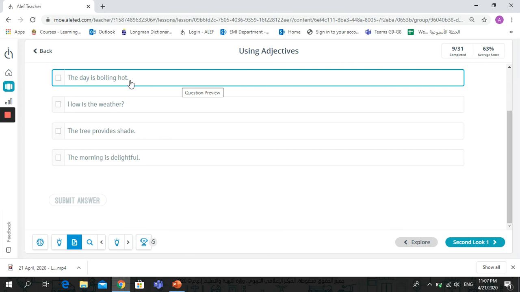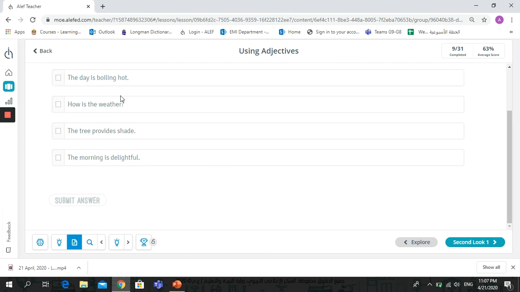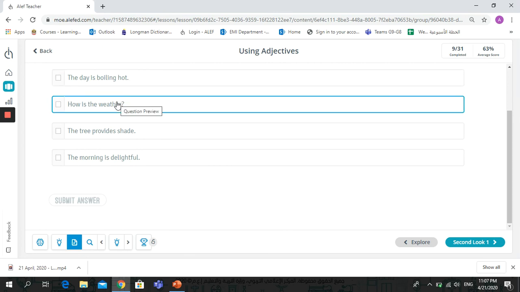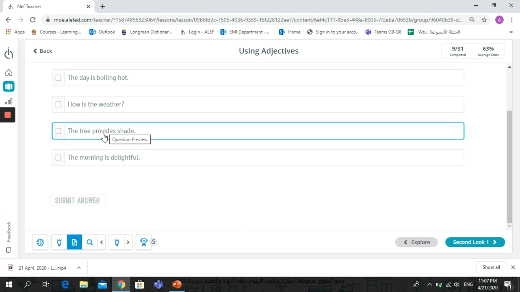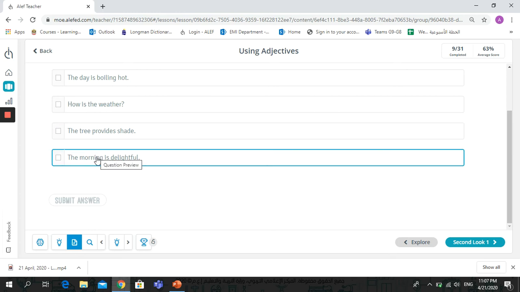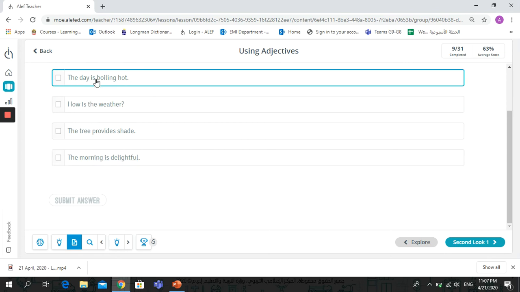The day is boiling hot. How is the weather? The tree provides shade. The morning is delightful. So do you know which sentences have adjectives? Very good. The day is boiling hot.